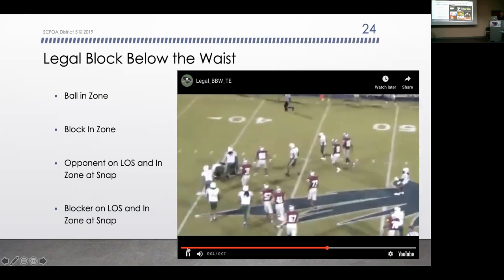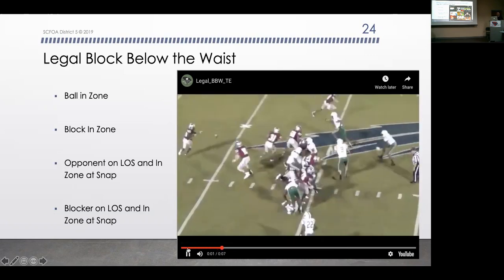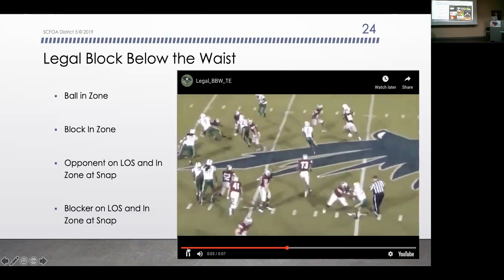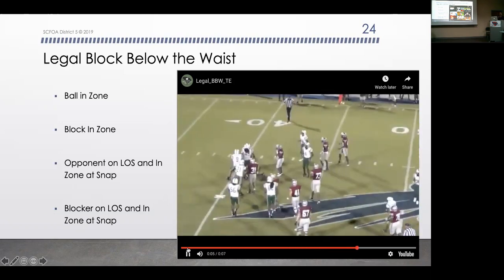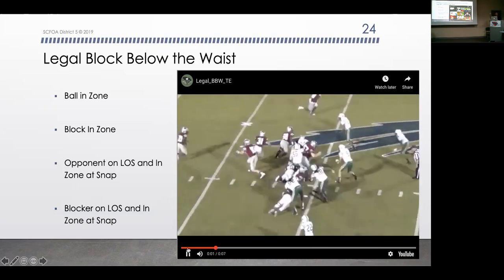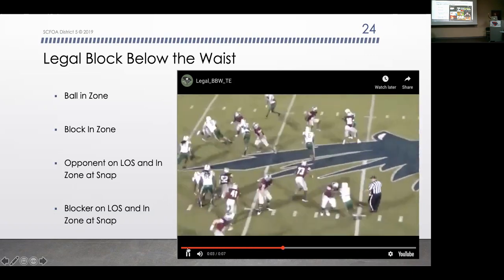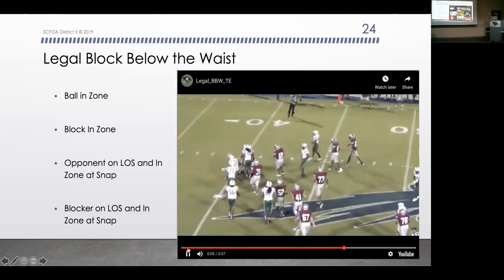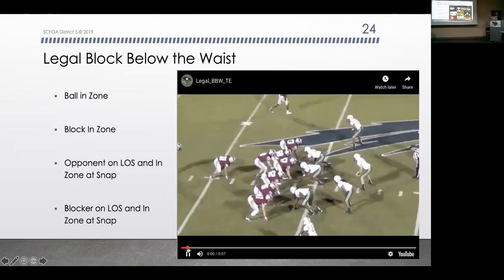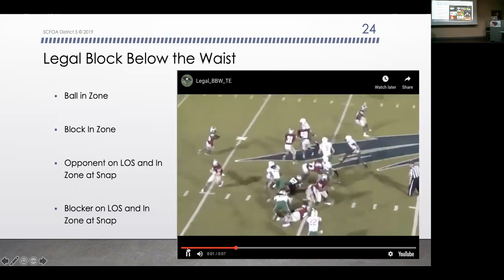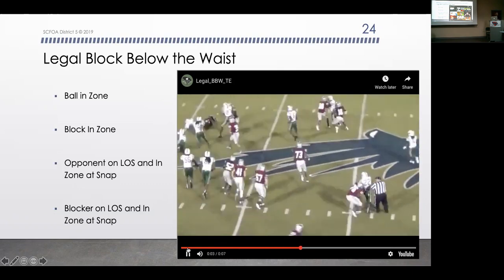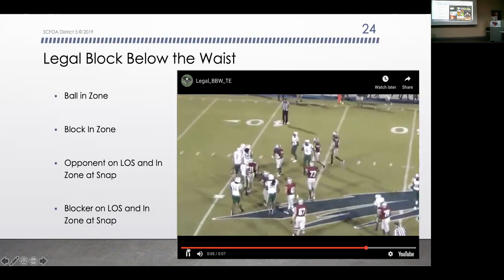You slow it down, the ball is still there. But in real speed on the field, if we see the tight end go right down, he's a tight end, so he's on the line. There's a lineman. The guy who blocked is on the line. The block was in the zone. And again, a direct hand snap. We're going to say that ball is still in the zone.